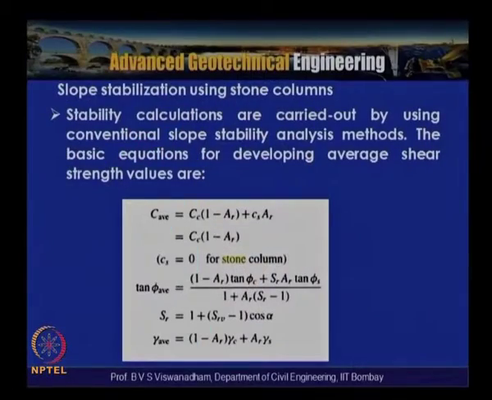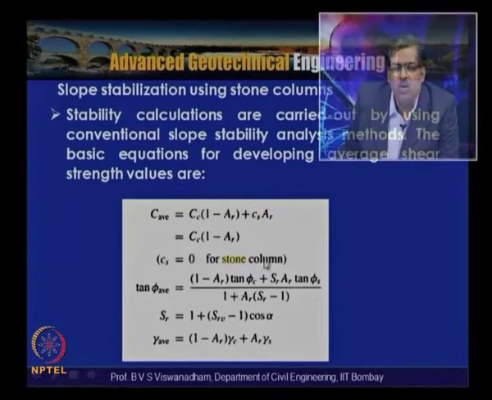So here the stability calculations are carried out using conventional slope stability analysis once we get the average cohesion and friction. Here C average is given as Cc into (1 minus AR) plus Cs into AR, where Cc is the cohesion of the in situ soil and Cs is equal to 0 for stone column.